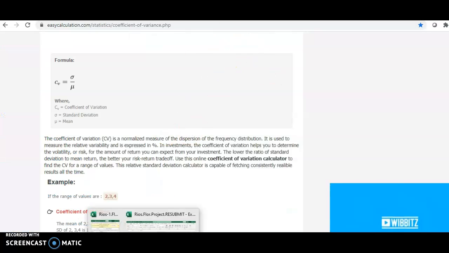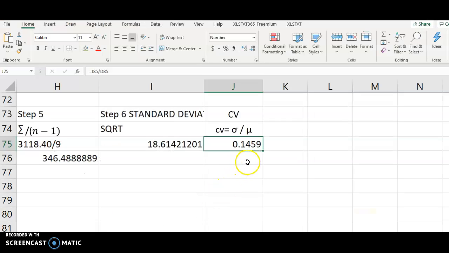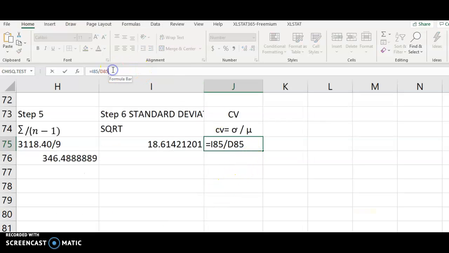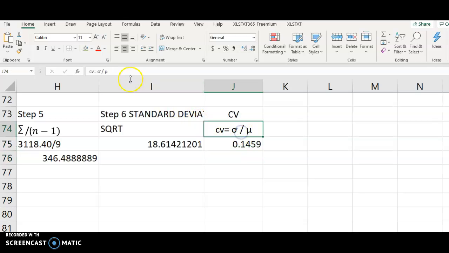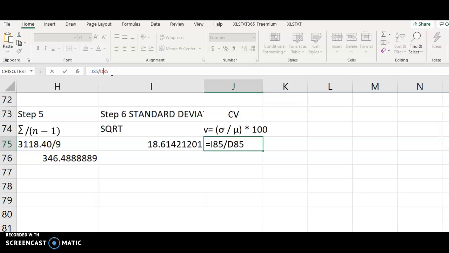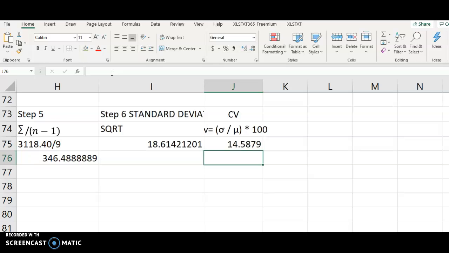We forgot to do one thing, which is to multiply it. By what? We multiply it by 100. So, we gotta fix our formula. Add parentheses, because we do parentheses first, and then we multiply by 100.